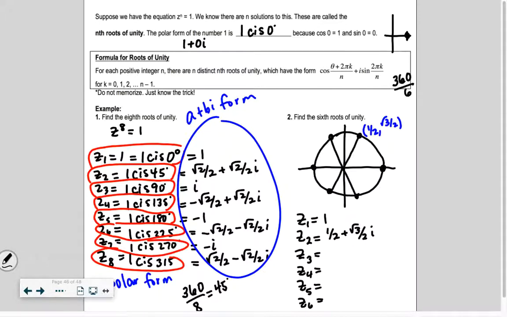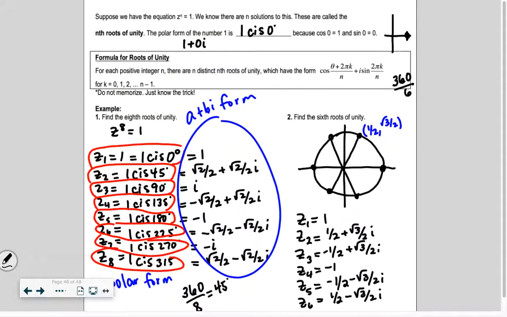The next one is negative 1/2 plus root 3 over 2 i. The next one is where pi is, so that's negative 1. Then the next one is negative 1/2 minus root 3 over 2 i. And the last one is 1/2 minus root 3 over 2 i. Okay? We jumped right to the answers.